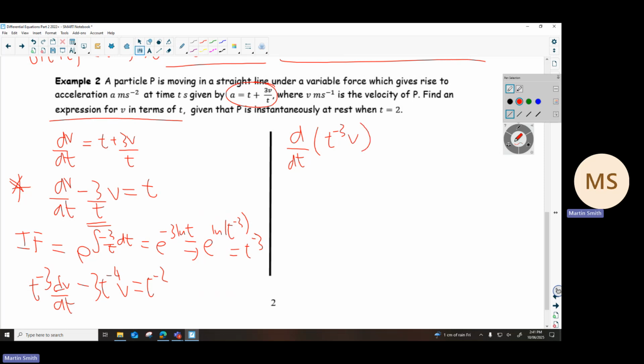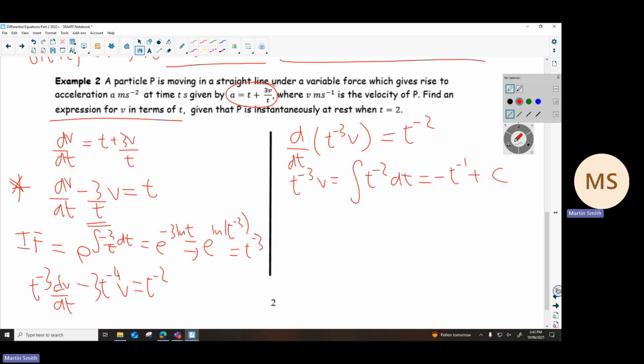So this becomes d by dt of t to the minus 3 v equals, it's still t to the minus 2 on the other side. Integrate both sides and you'll get t to the minus 3 v is the integral of t to the minus 2 dt. And that's okay. Increase the power by 1, t to the minus 1, divide by the new power. So that's minus t to the minus 1 plus c.